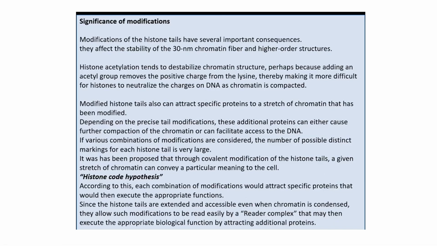Depending on the precise tail modification, these proteins can either cause compaction or facilitate access to the DNA. Various combinations of modification are considered. The number of distinct markings for each histone tail is very large. Based on these combinations, different proteins can interact that will allow the DNA to loosen or to compact more firmly.